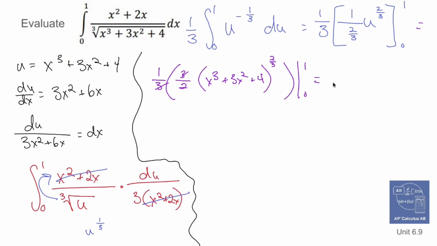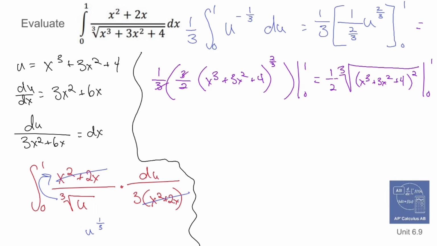So after cleaning all of that, I get 1/2. Let's turn this back into the cube root of x cubed plus 3x squared plus 4. Actually, it's 1/2. Oh boy, that would have been close. Squared. Limits 0 and 1.